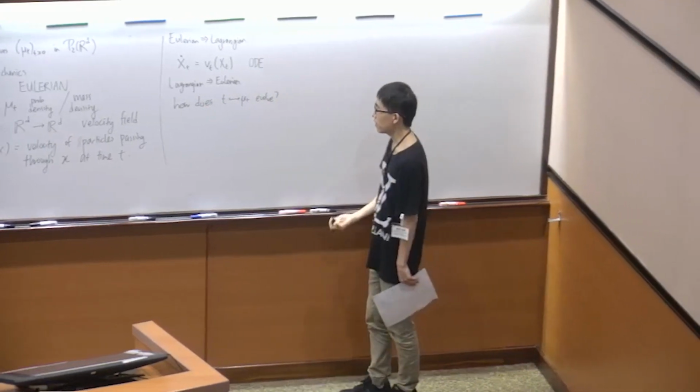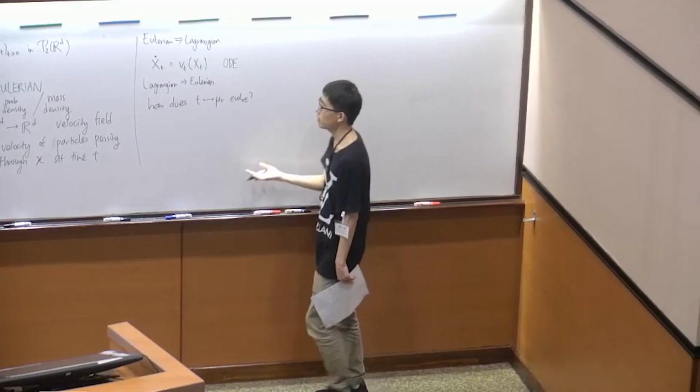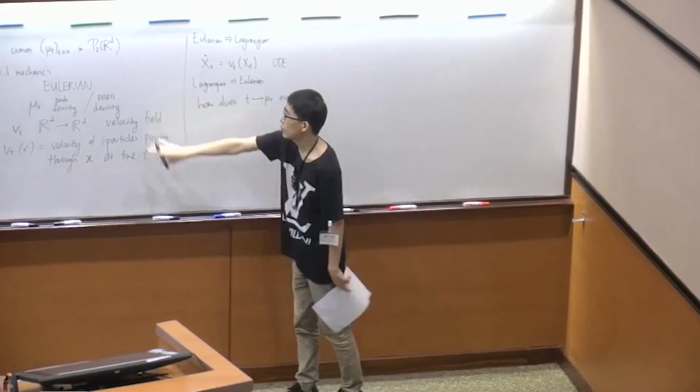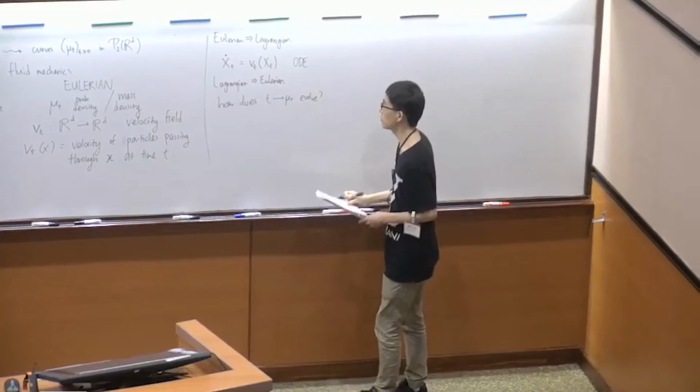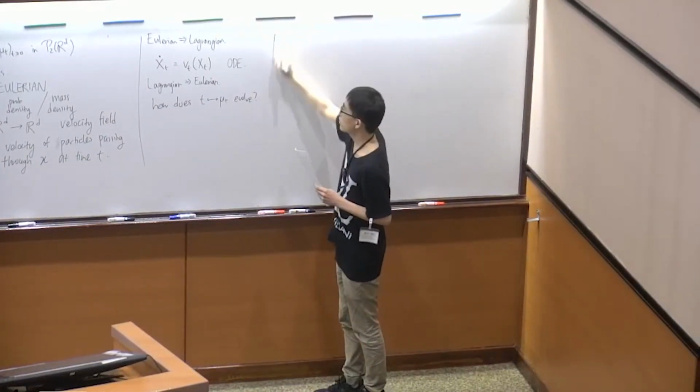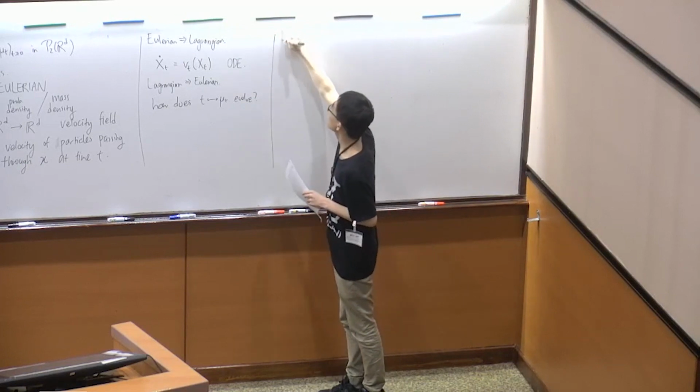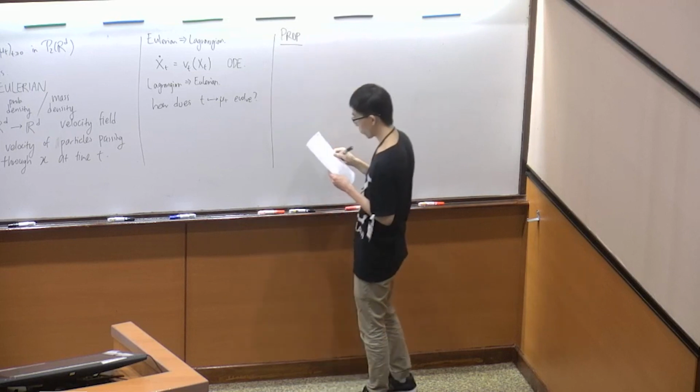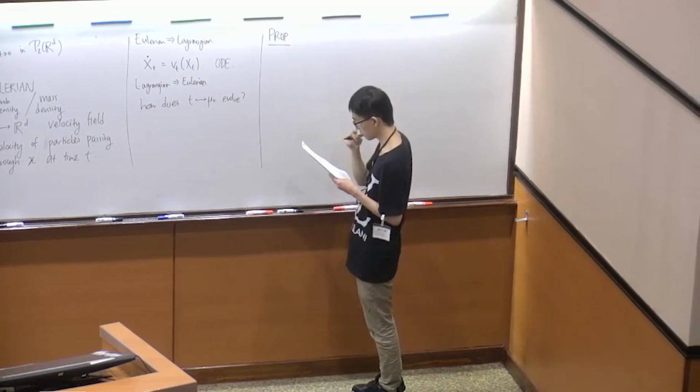So if I can understand how this mass density is evolving, then I will have specified the evolution just in the Eulerian perspective. And there's a really simple way to do this, summarized in this proposition.